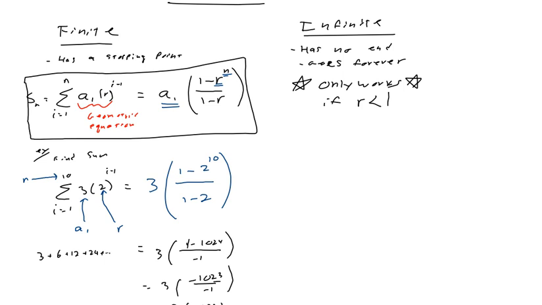But if r is less than 1, that means that the numbers get smaller and smaller and smaller and smaller. And if you go to infinity, eventually you're going to start adding nothing. And so you can get an answer of all of these small pieces added up together to get one big answer. But only if the r is less than 1.